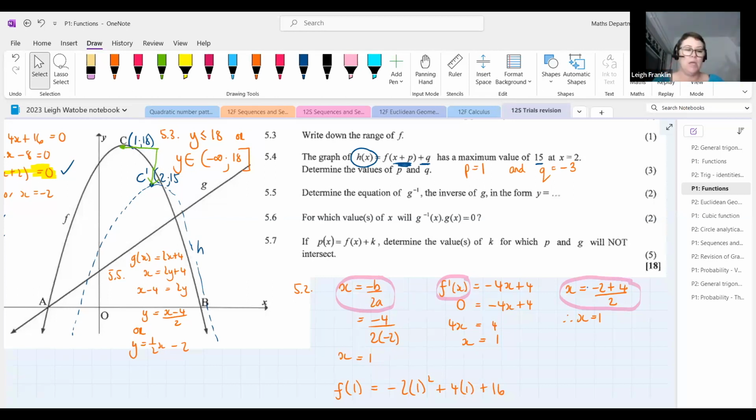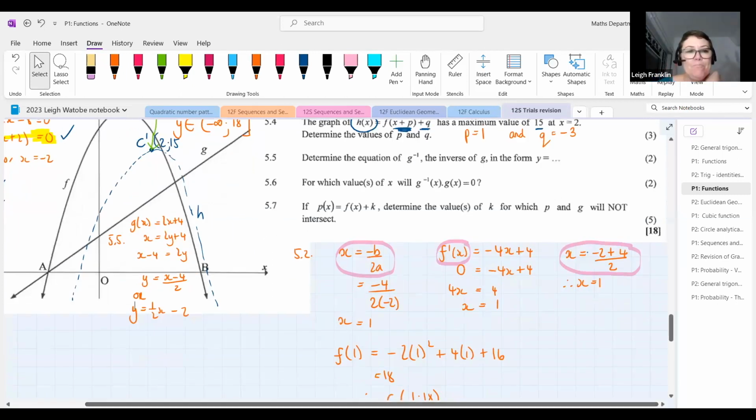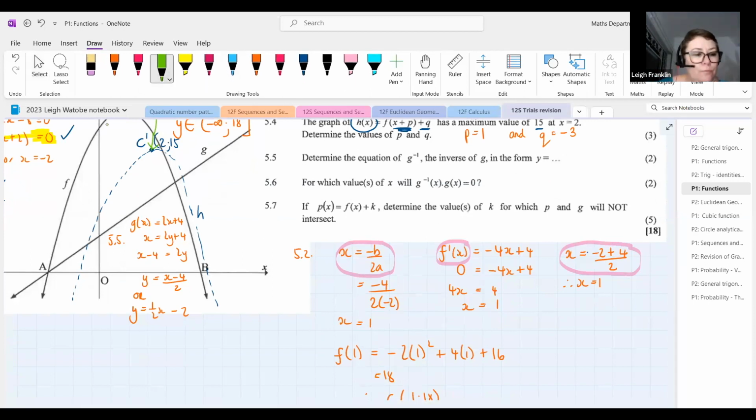What does it mean? What does this mean for us? Can anyone tell me?